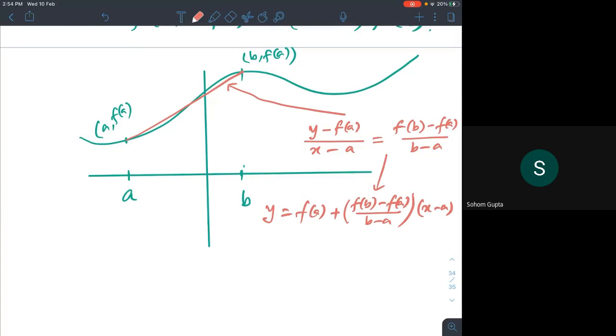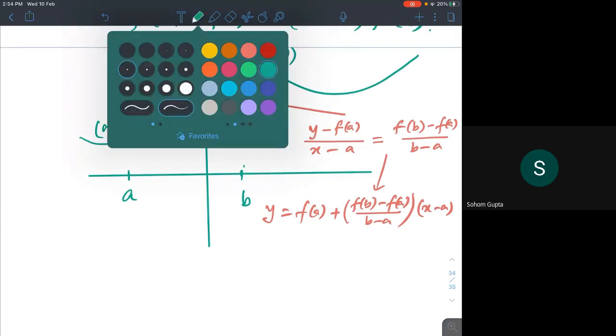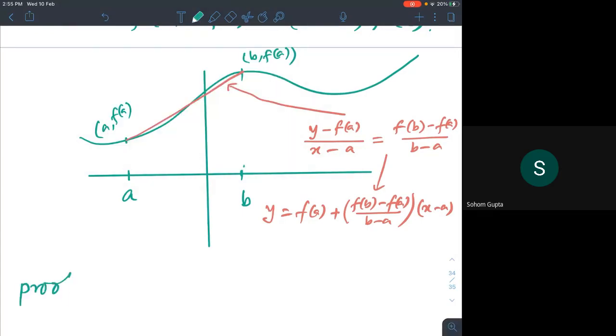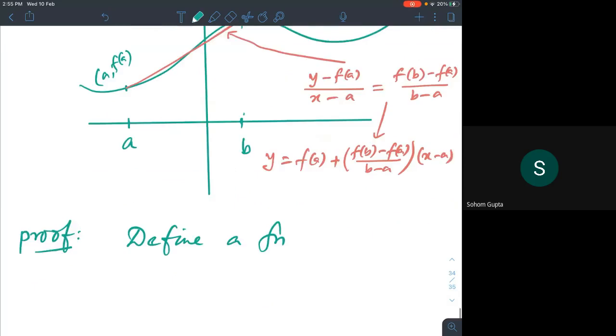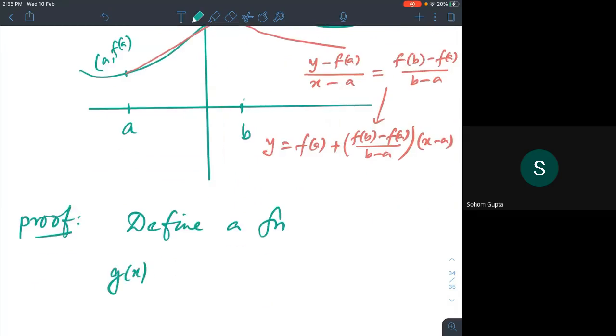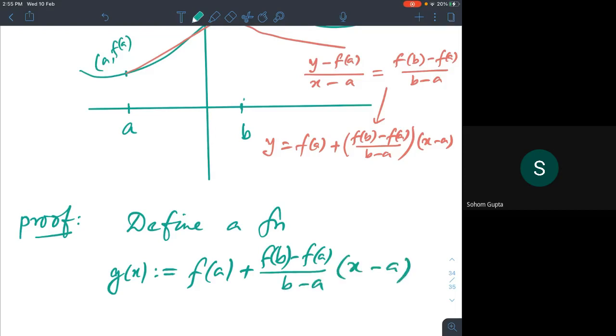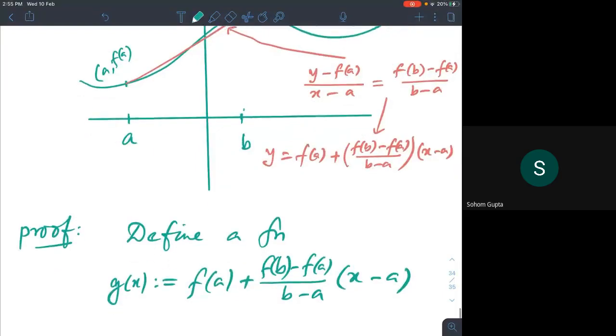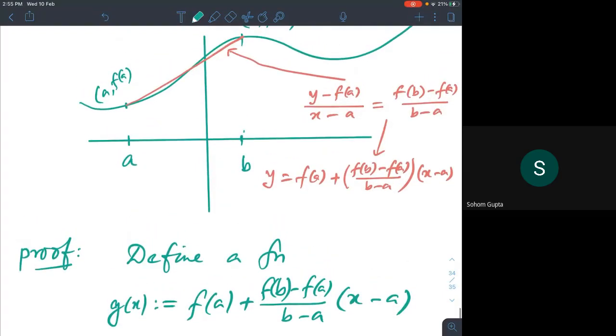Now let's come to the proof. Define a function g(x) which is f(a) plus (f(b) minus f(a)) by (b minus a) times (x minus a). This one, right? Do you see it?